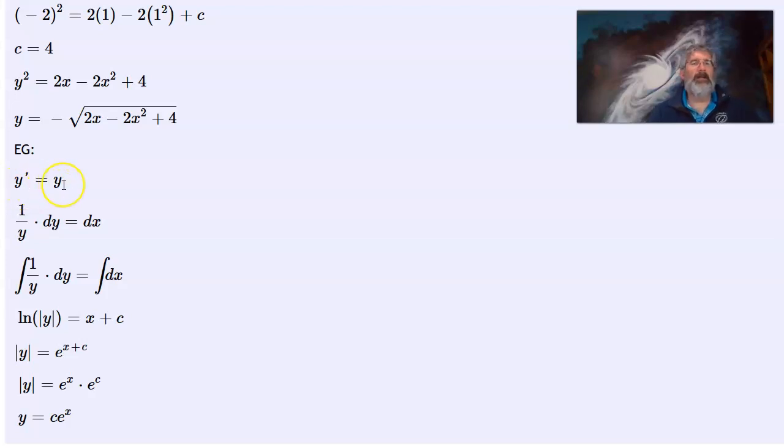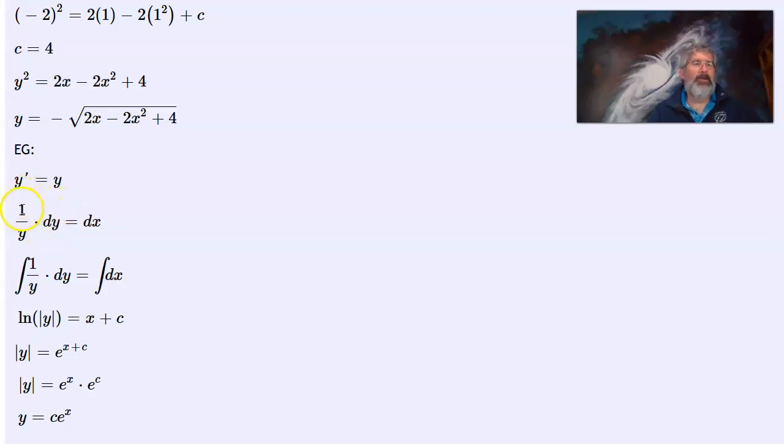It's y prime equals y. Can you come up with a function whose derivative is equal to the function itself? Now, this is one that students generally can say, e to the x works that way, doesn't it? Yes, but then, are there any others? Any other functions that when you take their derivative, you get the same function back again? And the answer is yes, there are. And let's see if we can find them all.